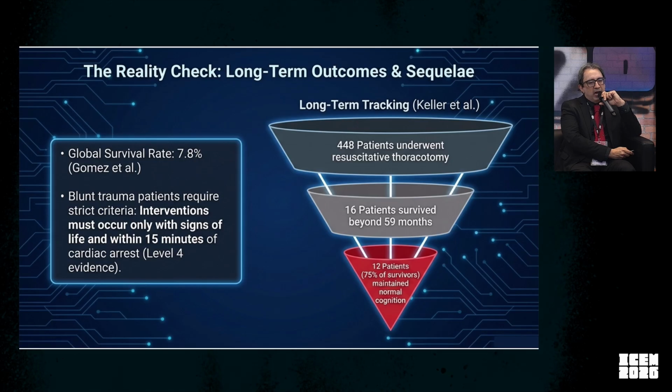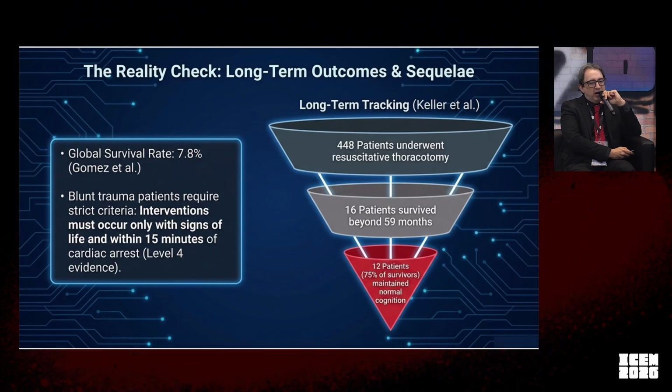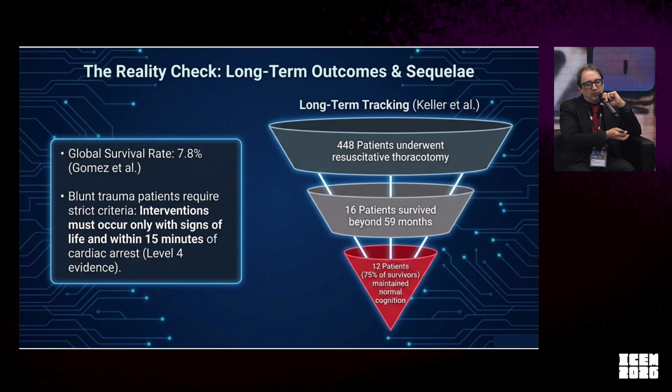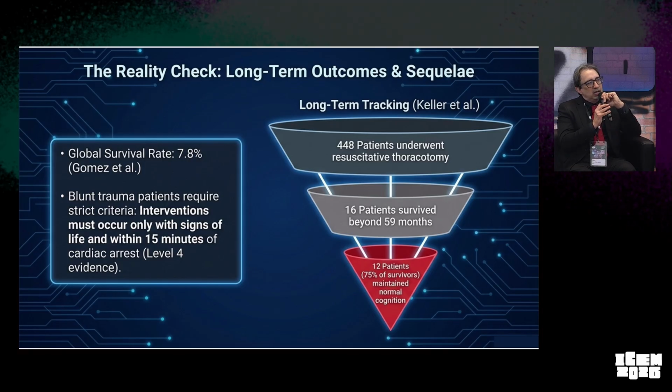So the global reality of the survival rate is 7.8%. Blunt trauma requires stricter criteria because the intervention should occur with signs of life and within 15 minutes. It's level 4 evidence.